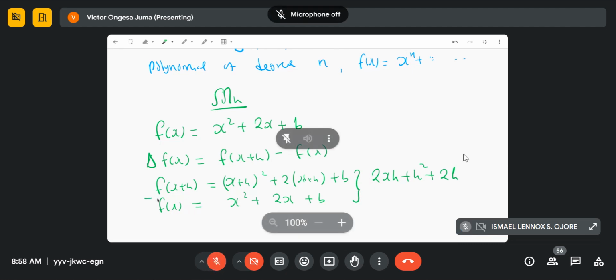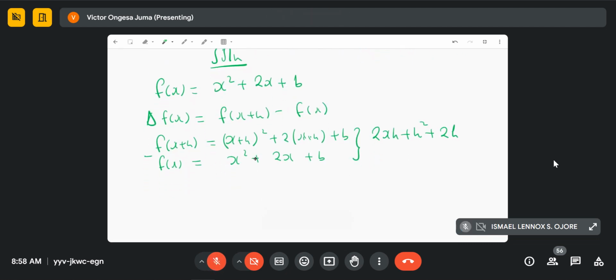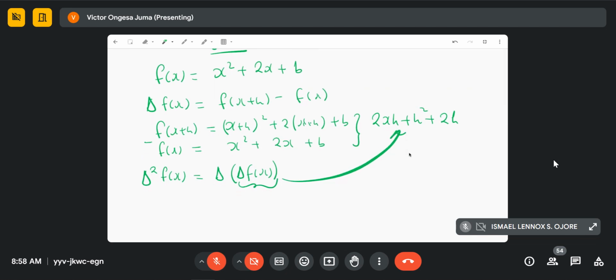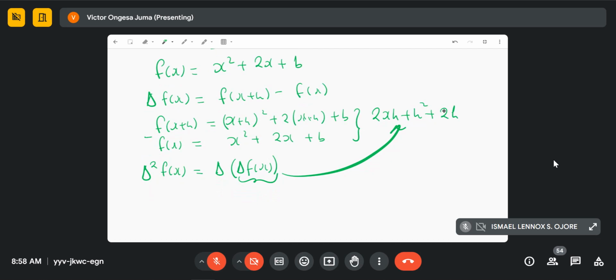So I'm just expanding. If you know, you can just expand this slowly. Now, the second forward difference of this is the same as the first forward difference of the first forward difference. But already we have this, which is given here. So I'm just performing the first difference operator on this, which will give me 2x plus h multiplied by h, and then plus h squared plus 2h. Is that okay?